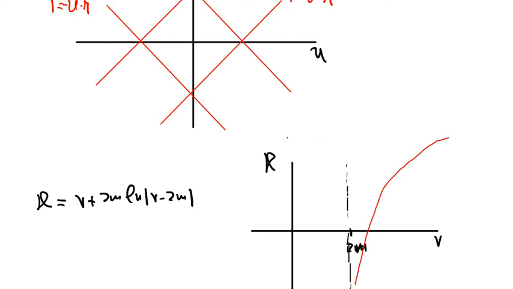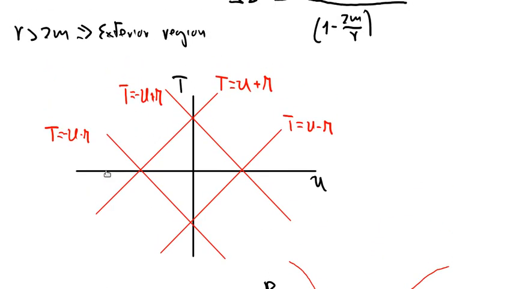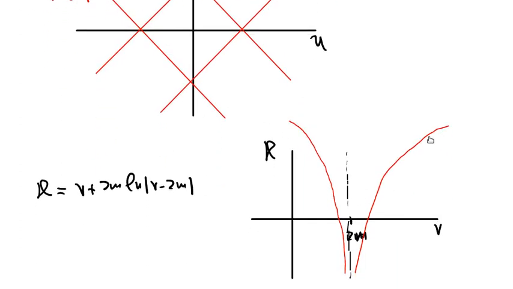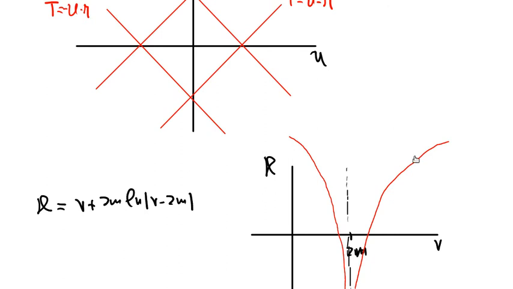And for the moment, since we are dealing with the case r bigger than 2m, we only need to care about one side of the graph.